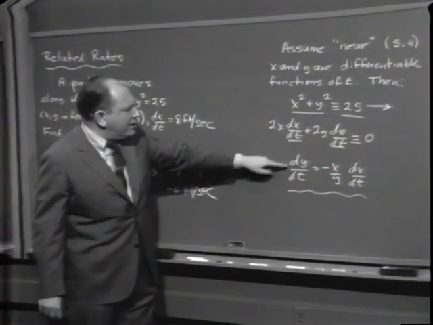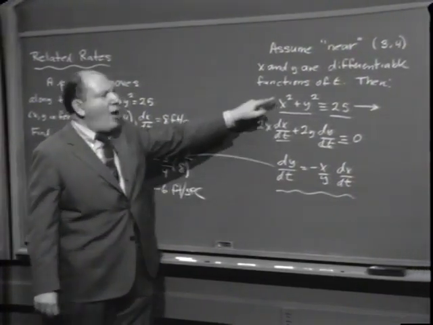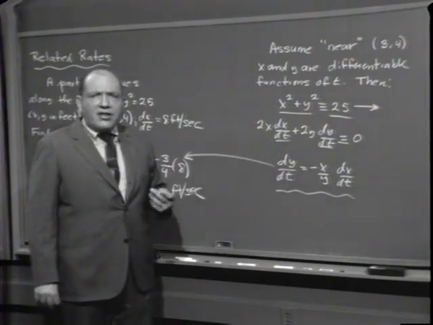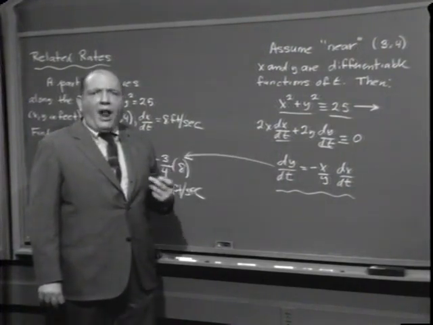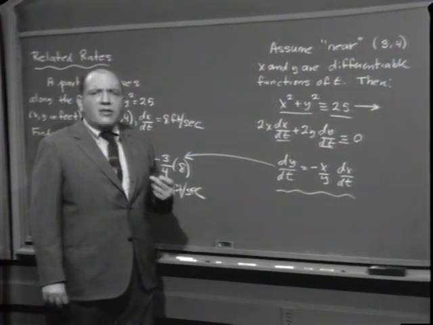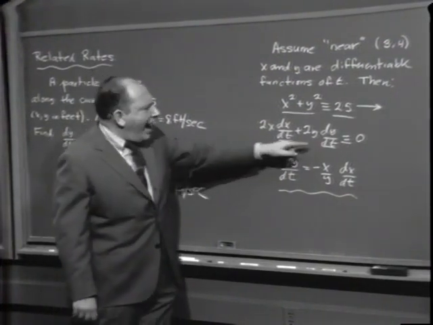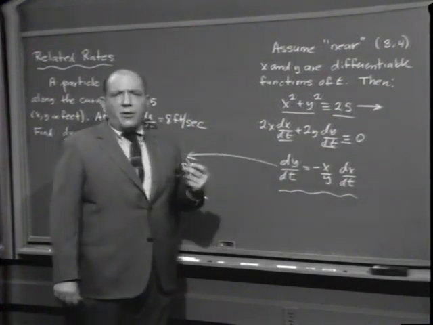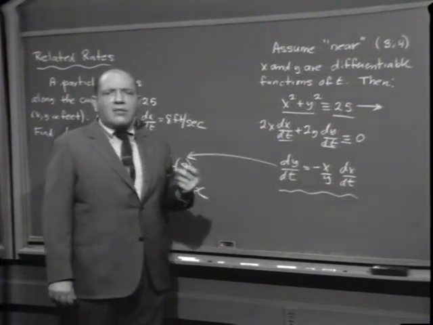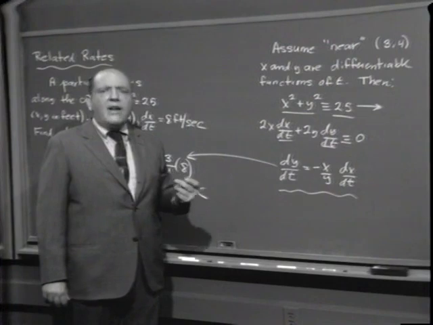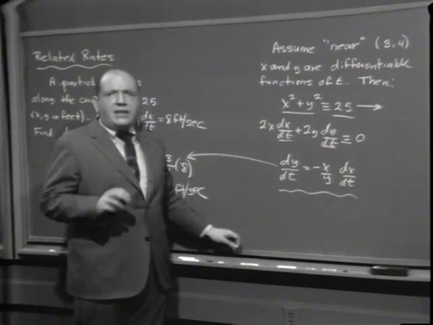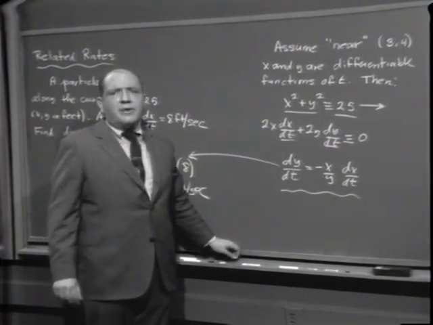Notice that in doing this particular problem, I never had to know explicitly what functions x and y were of t. All I had to know was that x and y were differentiable functions of t. I don't care how the particle was moving away from the point (3, 4), as long as x and y were differentiable functions of t. This is how the rates dy/dt and dx/dt had to be related.